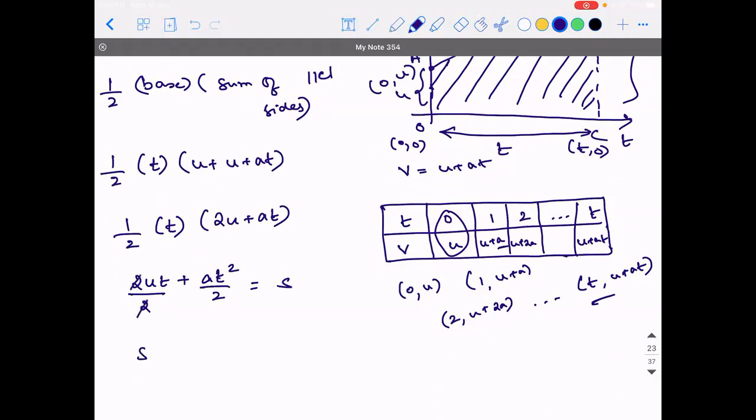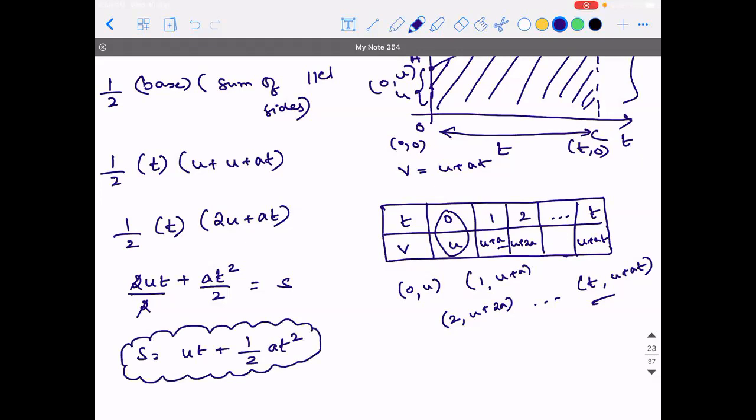So 2 and 2 get cancelled, and s will be equal to ut plus half at square. So displacement is equal to ut plus half at square.